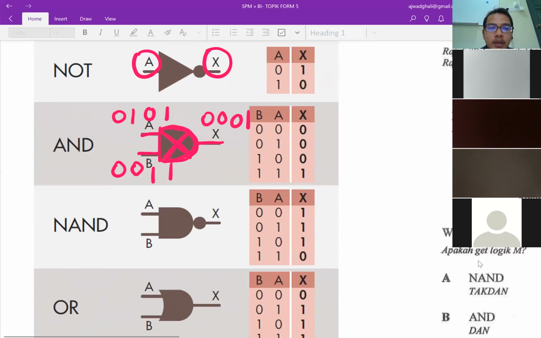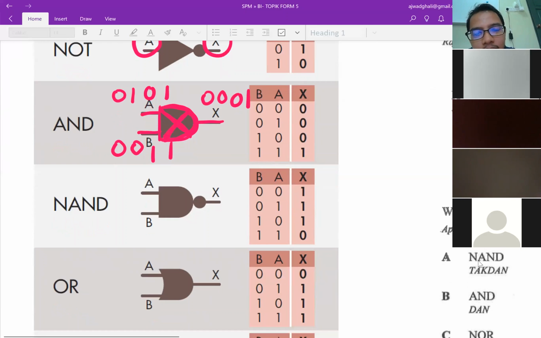Okay. If you have AND and you put the dot, the dot is for NOT. Meaning, what is the output for AND? You make it NOT. You know that for the inputs 0, 1, 0, 1, 0, 0, 1, 1, the AND output will be 0, 0, 0, 1.